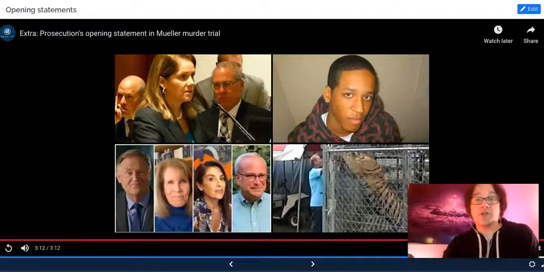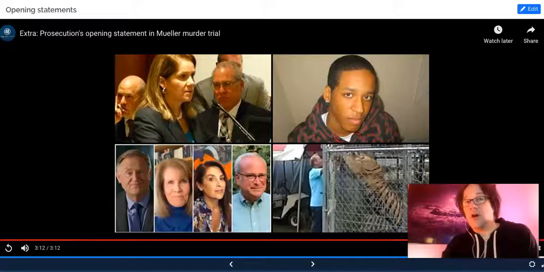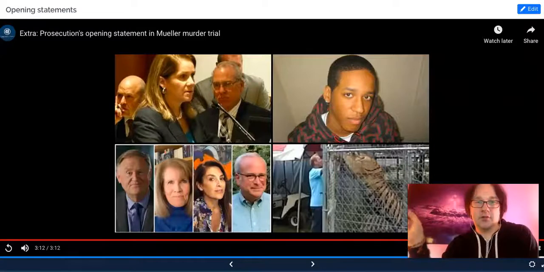The evidence is going to show that she didn't fall. The defendant, right? Calling that guy the defendant there, dehumanizing the defendant. The defendant put her head underneath that log and drowned her, right?